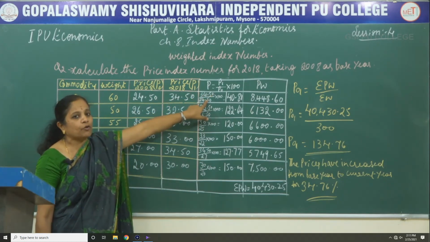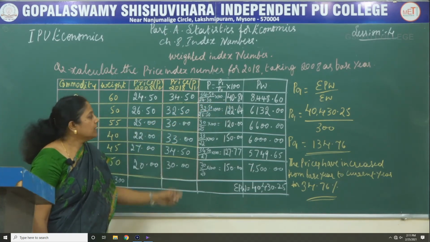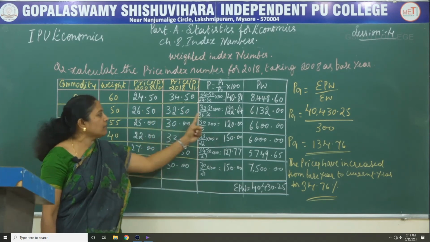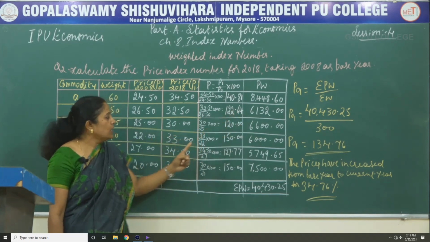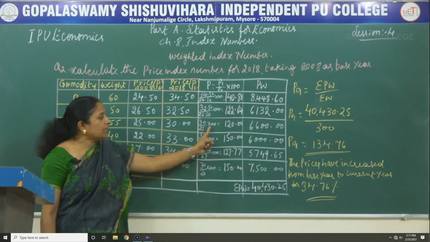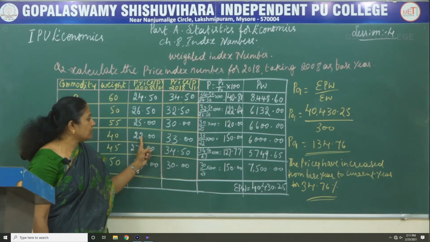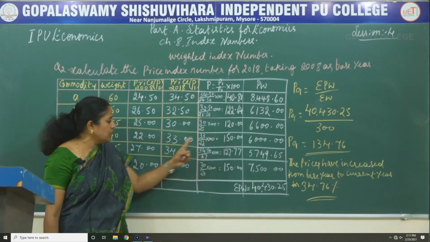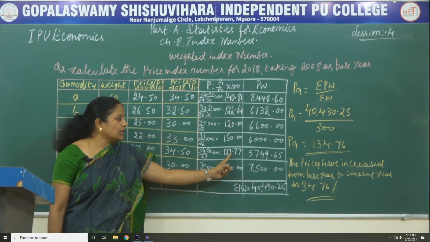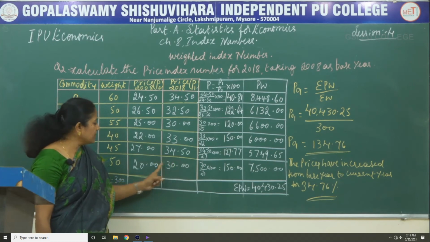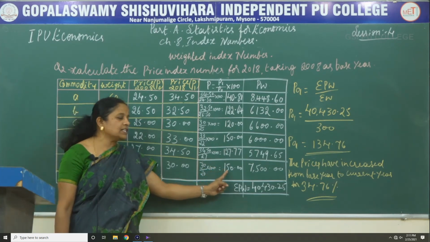34.50 divided by 24.50 into 100 is 140.81. 32.50 divided by 26.50 multiplied by 100 is 122.64, and 30 divided by 25 multiplied by 100 is 120. 33 divided by 22 multiplied by 100 is 150. 34.50 divided by 27 into 100 is 127.77. 30 divided by 20 multiplied by 100 is 150.